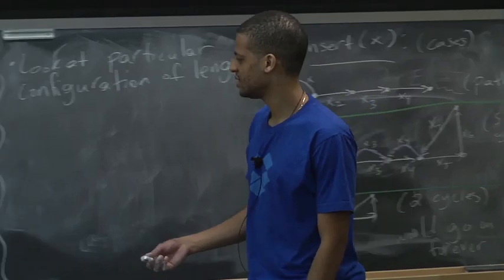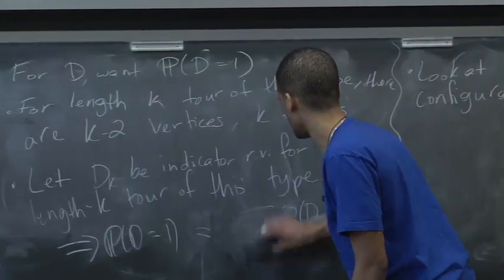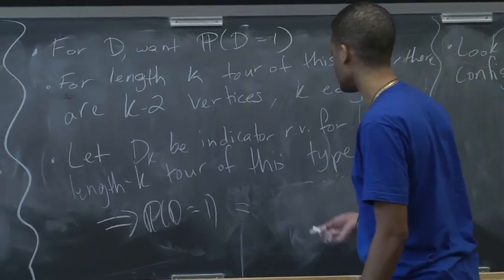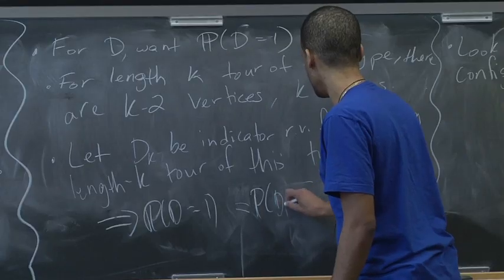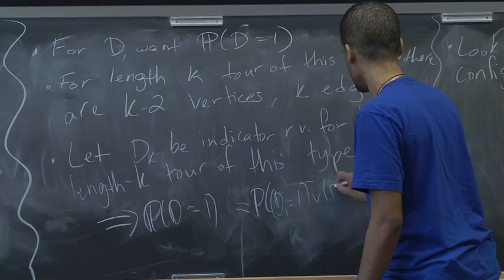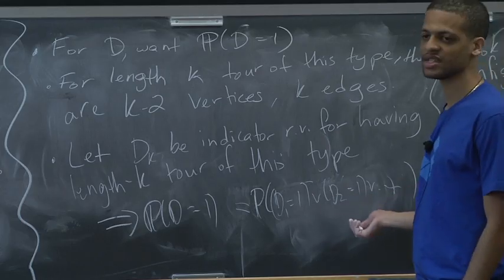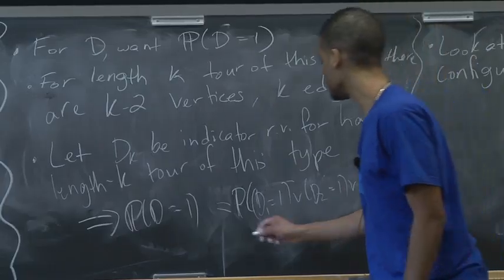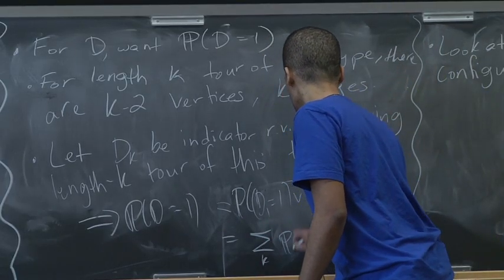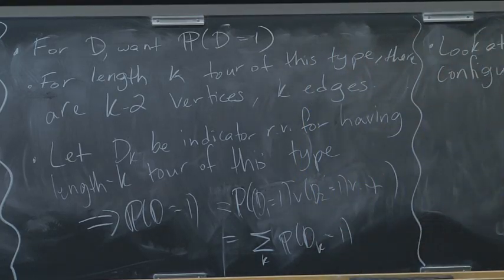If you want me to be more pedantic, let's say this is the probability that D_1 equals 1 or D_2 equals 1 or so forever. And then by the union bound, you can say this is at most the sum of those events. But these are actually disjoint events. So this is equal to the sum over k of the probability that D_k is 1. Does that answer your question? I was saying some silly thing, but yeah, that makes sense. All right, so you believe it? Yeah, I believe it. Okay, good.